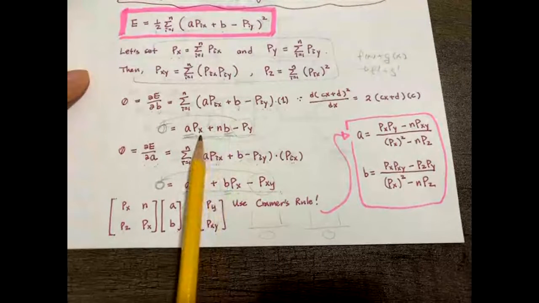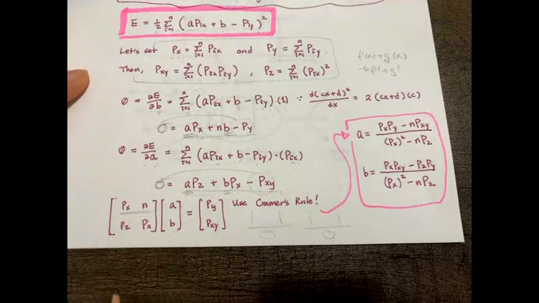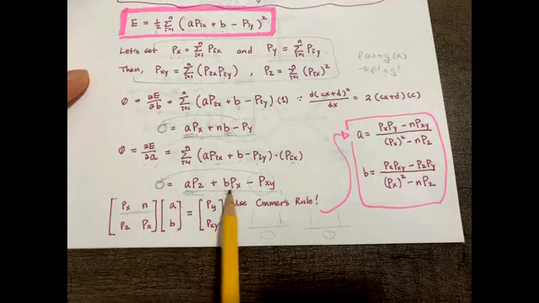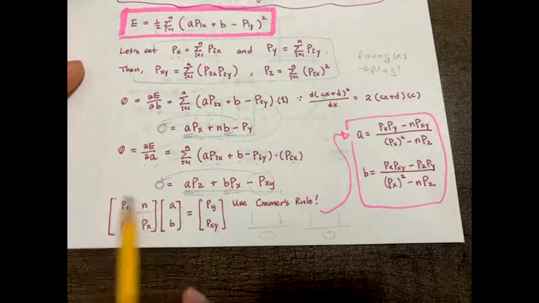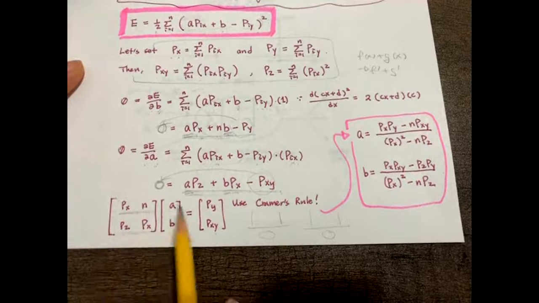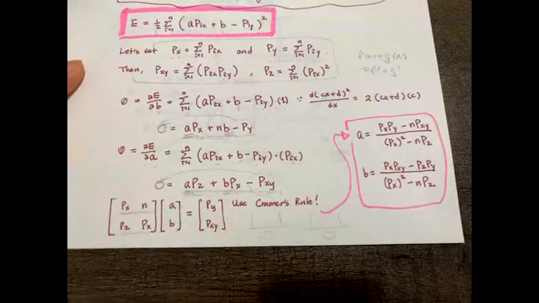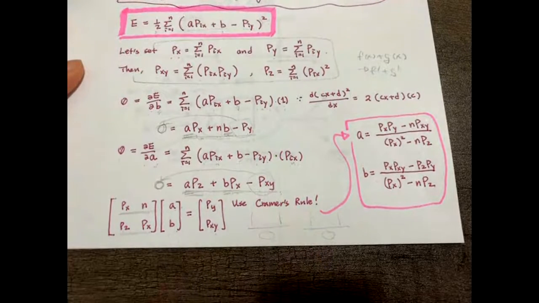They become the coefficients, p sub x becomes a coefficient. We can write it in a matrix. Then p sub 2 and p sub x in the matrix. So this is a coefficient matrix. Then the variable matrix is a and b. Then the resultant matrix is p sub y from the first one, p sub xy from the second one.